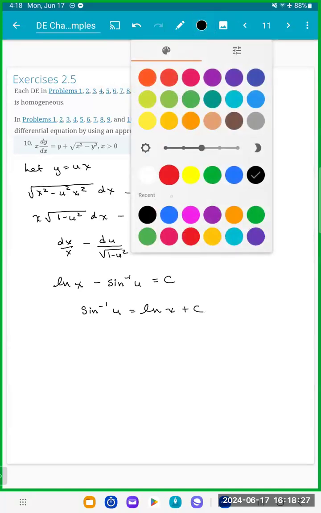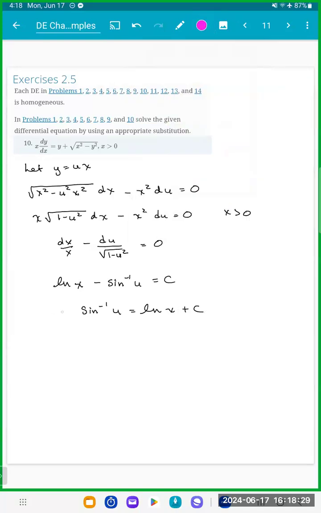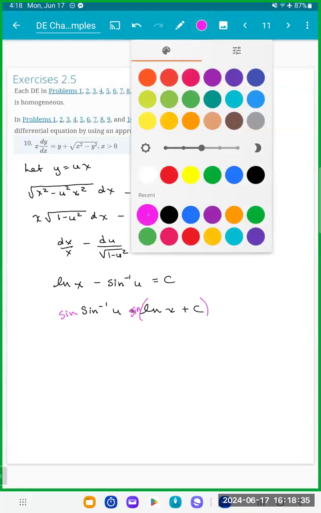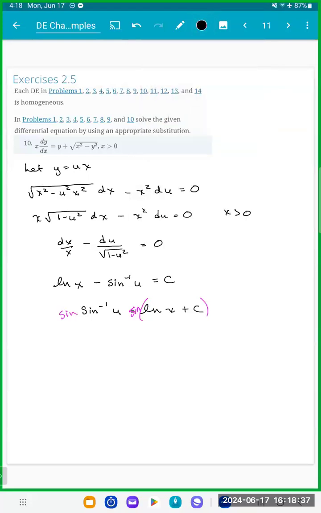What we could do here now is kind of think of it as taking the sine of both sides. It isn't really a mathematical transaction like that, but you could think of undoing an inverse as applying the sine.